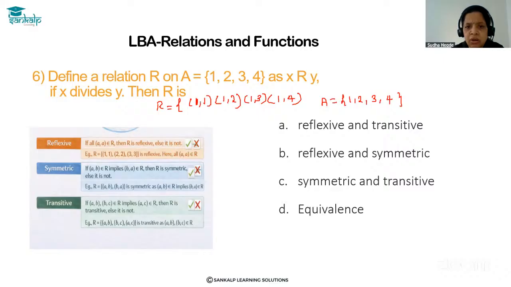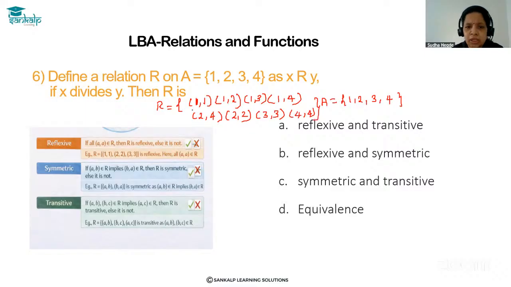So we covered all the combinations with 1. Next, 2. 2 divides 4 and 2 divides 2. Any other possibility with 2? No. Similarly, 3. 3 divides 3. No other possibility. 4 divides 4. This is the relation.